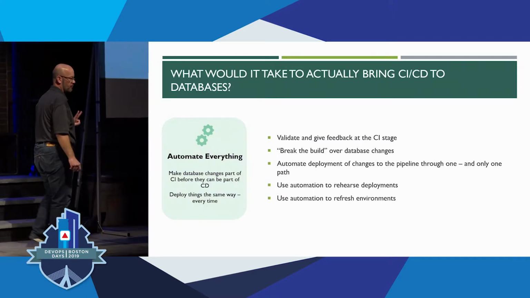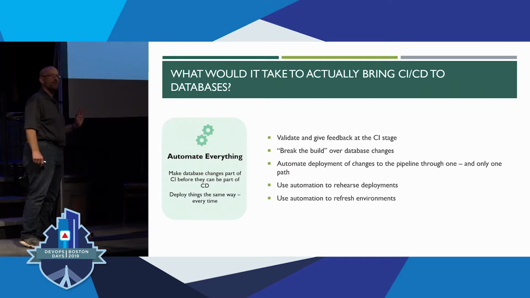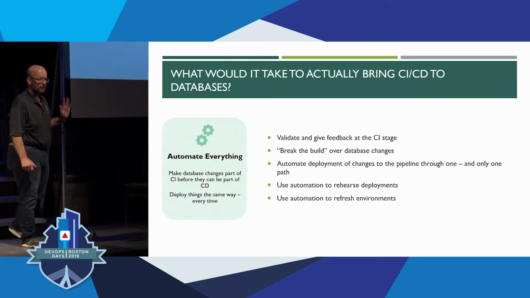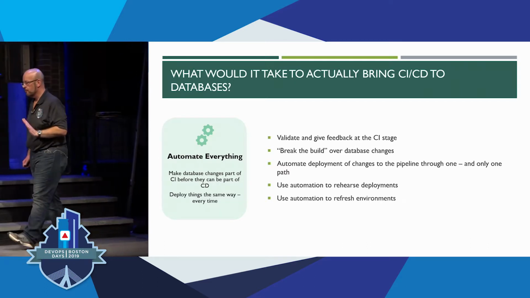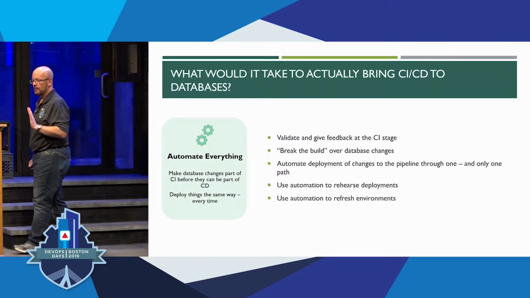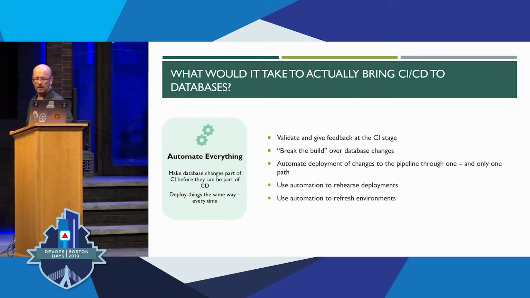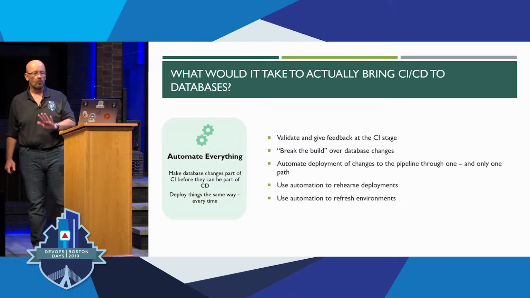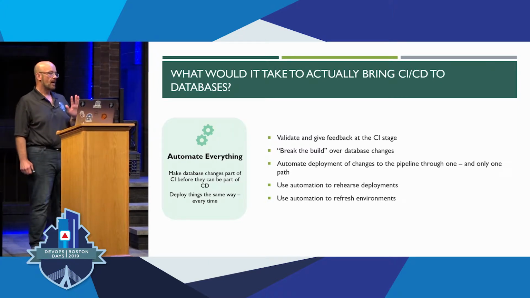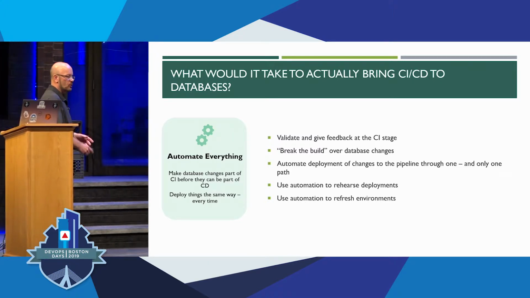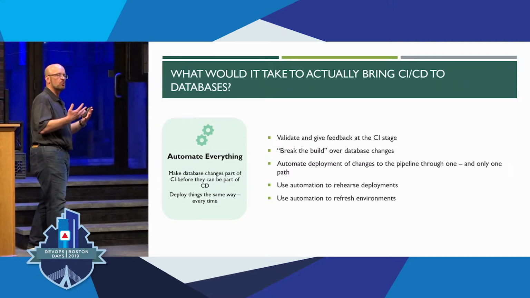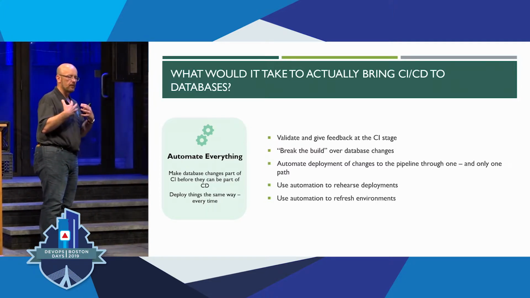Second thing, automate everything. Automation is the backbone of everything we do in DevOps. Absolute backbone. And when you apply that to bringing database changes into the CI/CD pipeline, we have multiple points to think about. The first is, how do we apply automation to the inbound changes to screen them? How do we shift left some quality here?